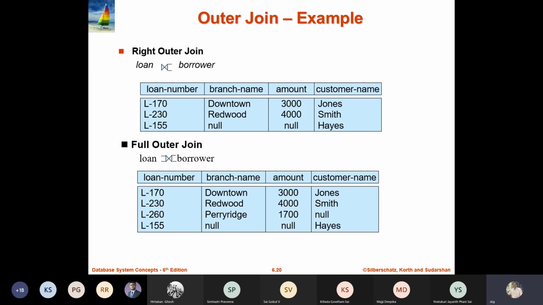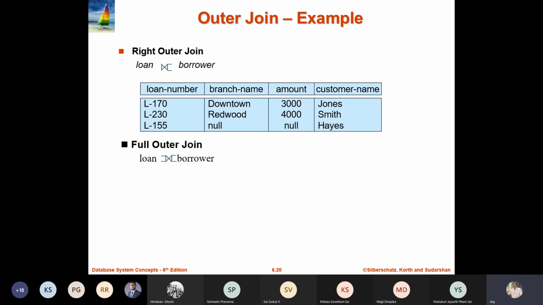There may be scenarios where we want to do other operations, like finding the total number of loans given, or which customers have taken a loan from which branch, and so on. So in those cases we don't want to lose any information through these join operations. Okay.